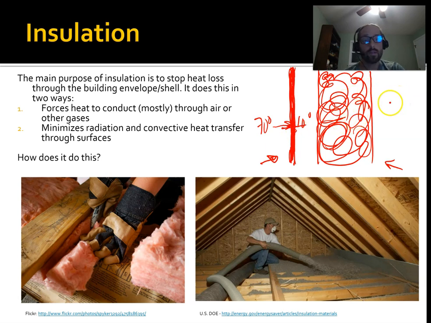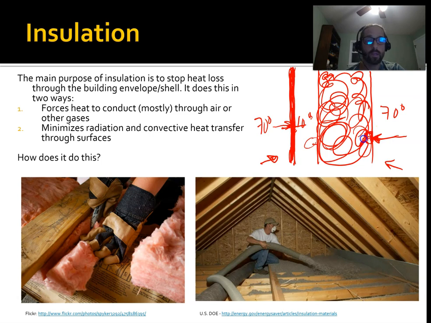Conversely, if this is my 70 degree side, and here's my 10 degree side over here, I have warm air here, and it really wants to get over here, right? So in order to do that, it conducts through this solid piece of material, and then it hits this air gap. And so now it radiates across, it'll convect over that little gap, and then it warms up this little piece.